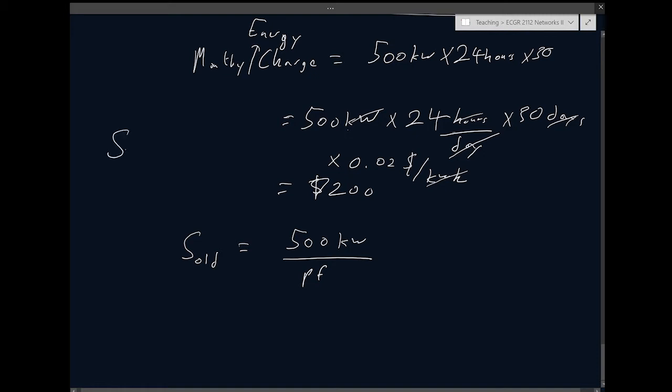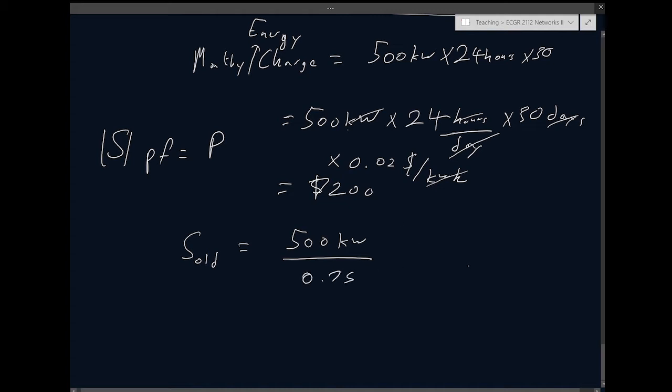Again, remember, apparent power times power factor equals real power. So the magnitude of the complex power, which is the apparent power, is just the real power over the power factor. So this is 0.75.